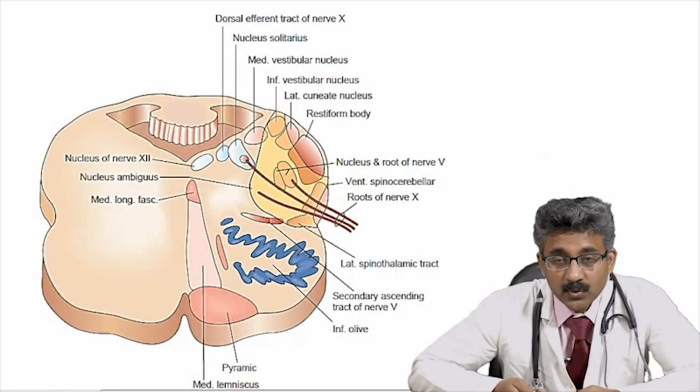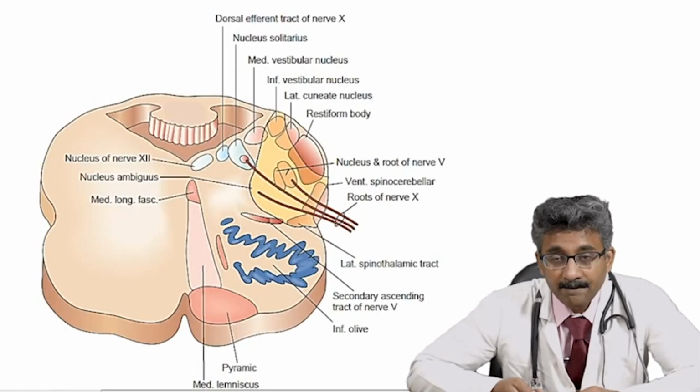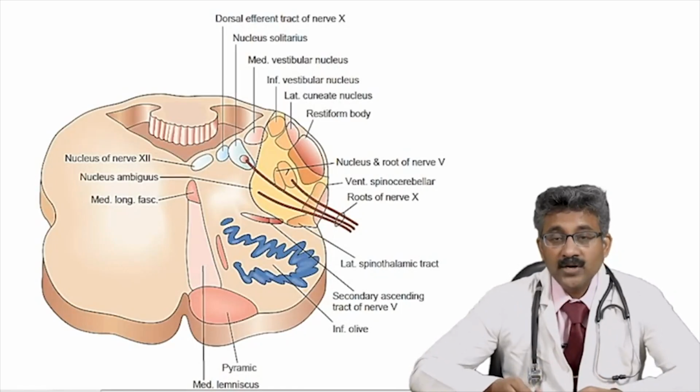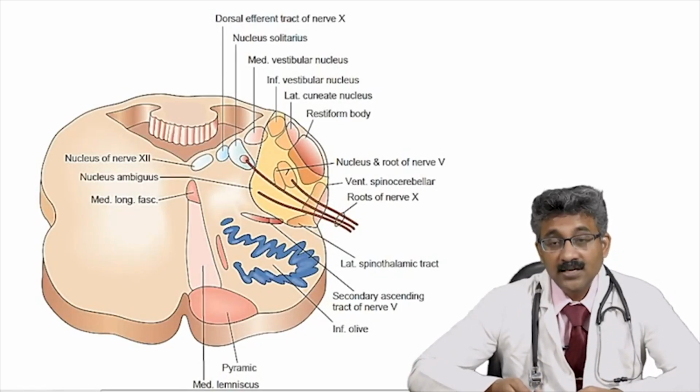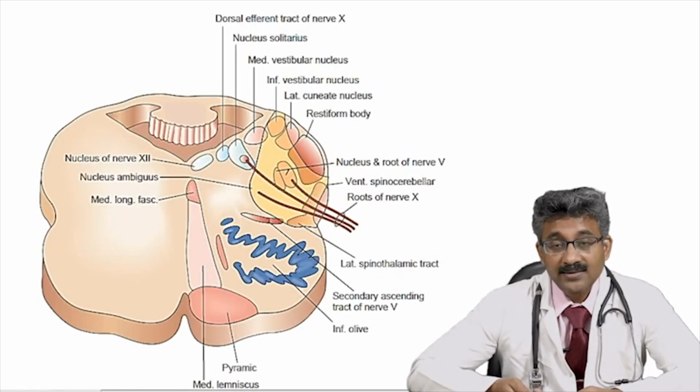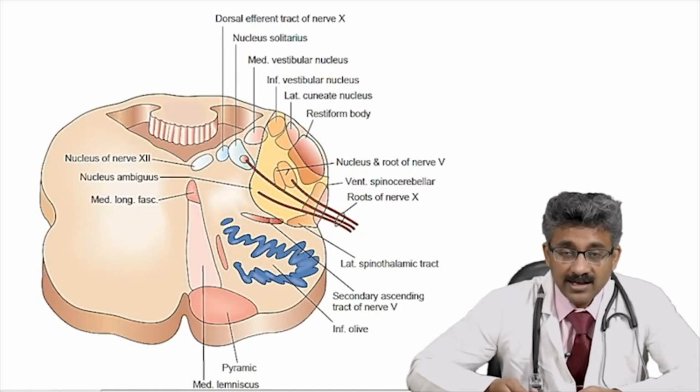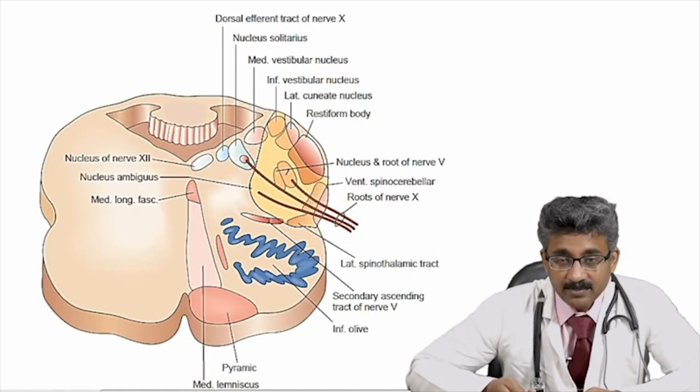There is the vestibular nucleus, the medial vestibular nucleus and inferior vestibular nucleus, so they will have vertigo. You have the nucleus and root of the 5th nerve. The descending nucleus of the 5th nerve descends down to C2 and carries pain and temperature, so they will have ipsilateral loss of pain and temperature of the face.